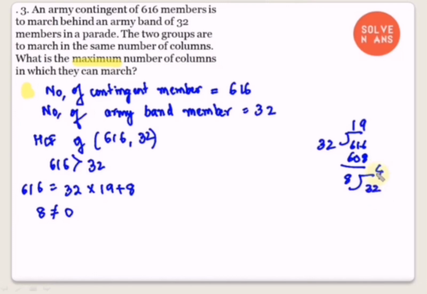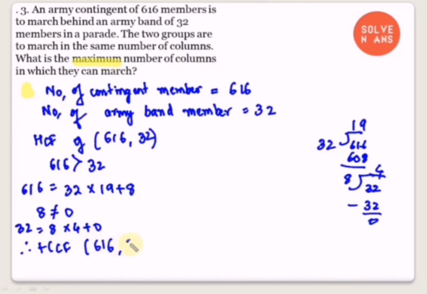Again the remainder is not equal to 0. Then 8 fours are 32. Now you get a remainder 0. So this step has to be written here: 32 is 8 into 4 plus 0. Therefore, the highest common factor, the HCF of 616 and 32, is 8.